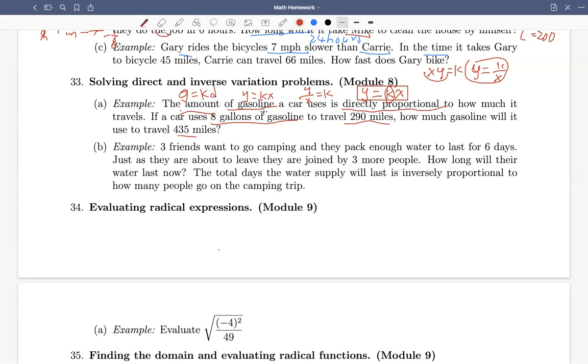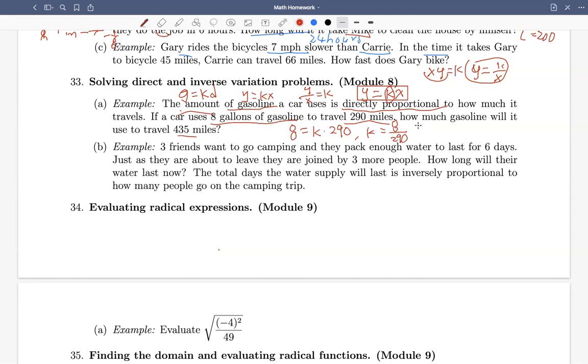So the first given data is 8 gallons. So y equals 8, we don't know k, but then the car can travel 290 miles. Okay, so this distance, 290 miles. So by this, we can solve for k. So k equals 8 divided by 290. So that's our k.